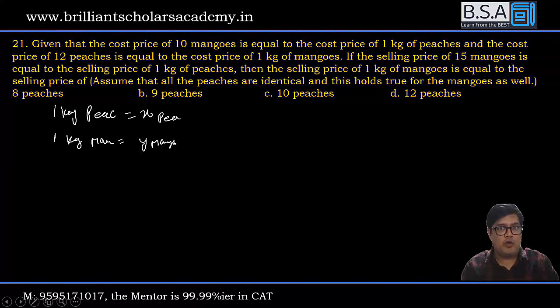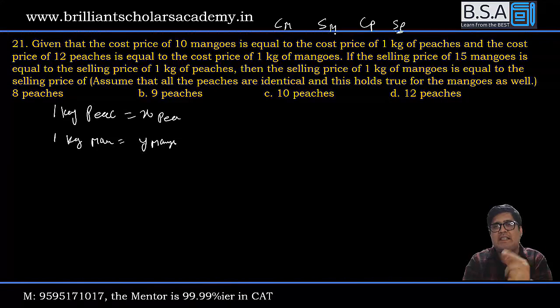That is what I do not know. Now, I have to work on selling price, cost price, so I have to assume more variables. Cost price of mango is CM, selling price of mango is SM. Cost price of peaches is CP, selling price of peaches SP. So I'm creating a convention or assumption in my mind for these.